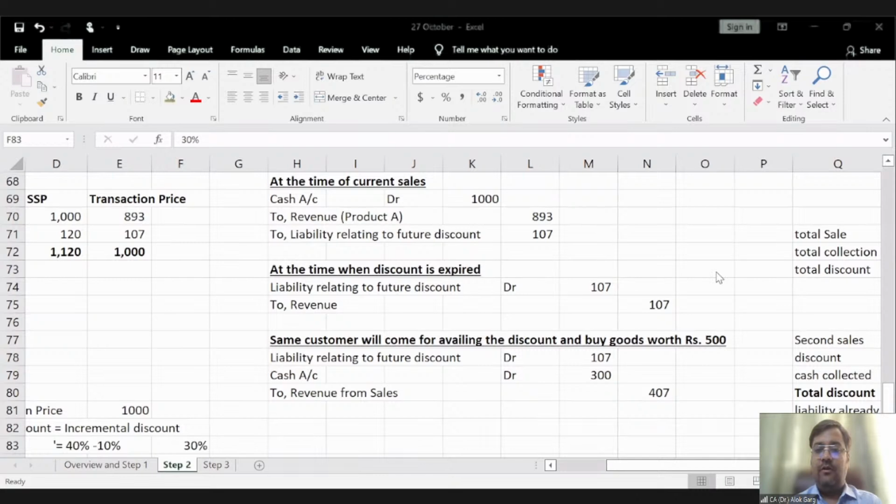Any doubt, any problem, any challenge? So I've given you all the scenario, right? When the time period expires, when the customer will come and avail the discount. Good.